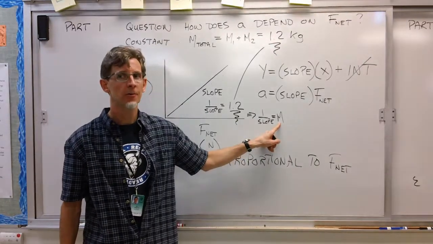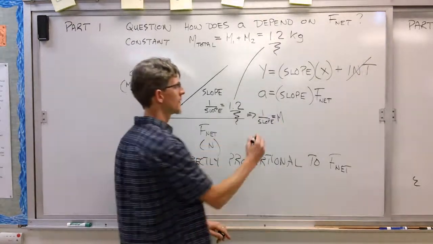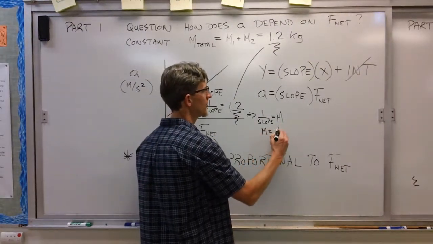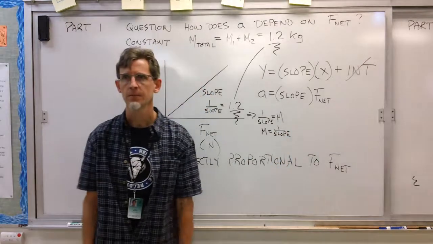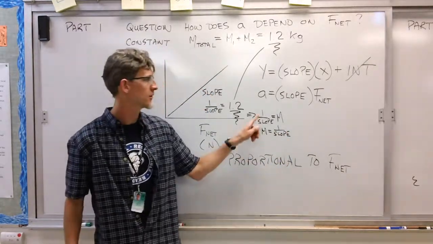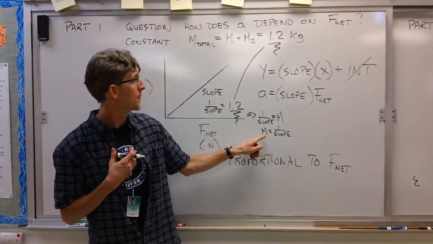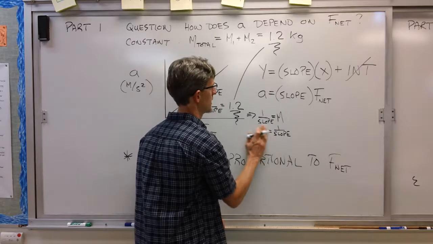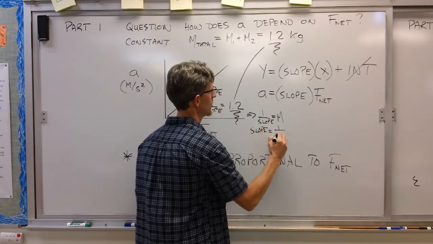If that's true, then the mass should be equal to 1 over the slope. Isn't that how inverses work? You flip one side, you flip the other. So if this is really true, if my hypothesis is true, then, oops, I just wrote the same thing. I wanted to write the slope is equal to 1 over the mass.